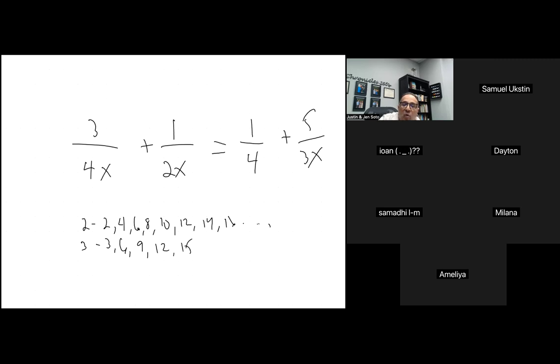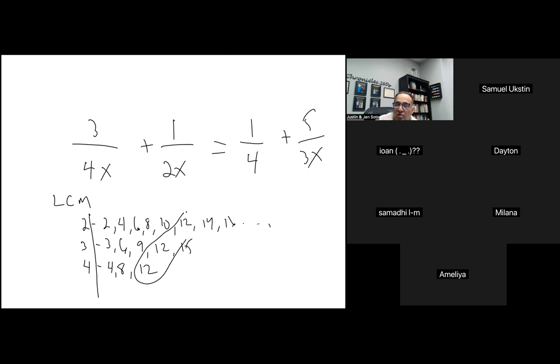The multiples of 4 are 4 times 1 is 4. 4 times 2 is 8. 4 times 3 is 12. Now, what we mean by least common multiple is this: the smallest number in all 3 of these series. And the smallest number in all 3 of these series is 12.